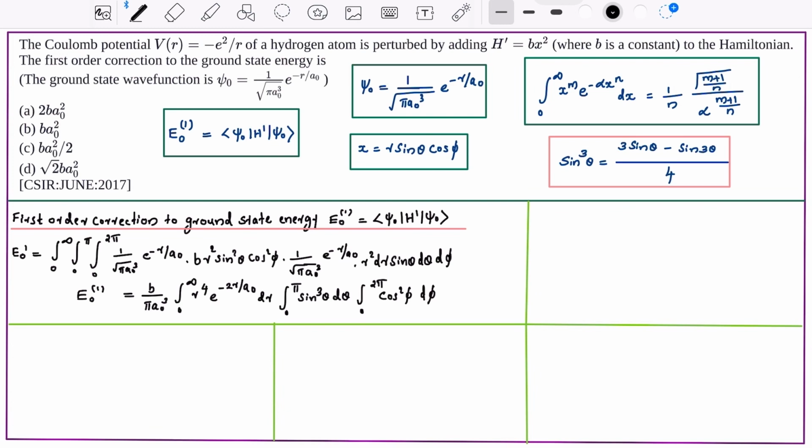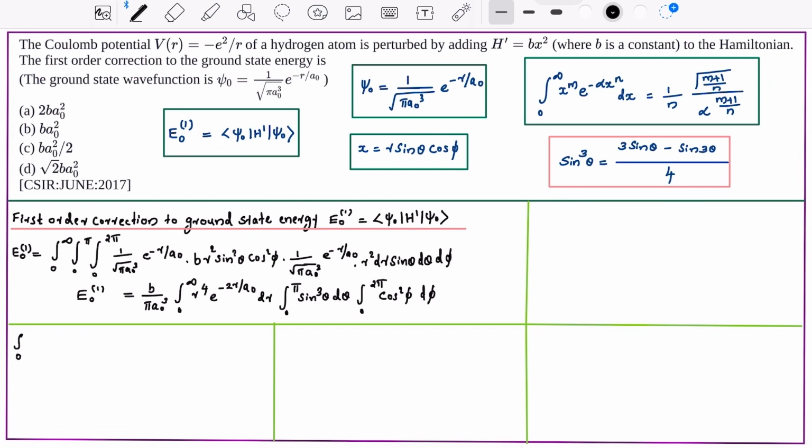Now we have to evaluate this integral, and this integral gives the first order correction to the ground state energy in the hydrogen atom. Let us evaluate these three integrals separately.